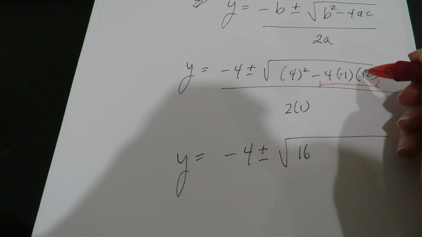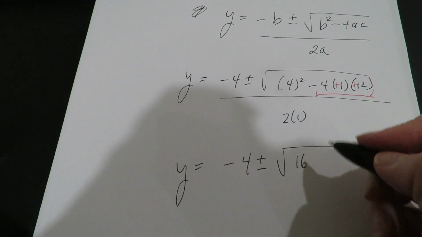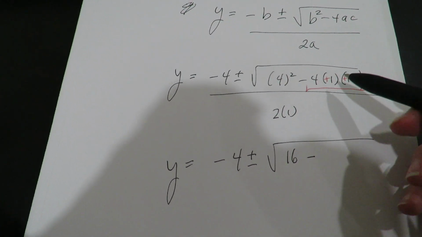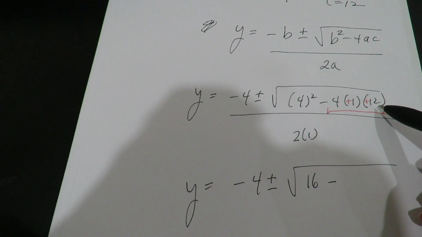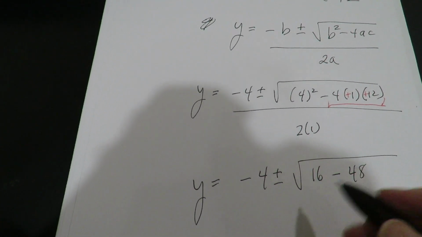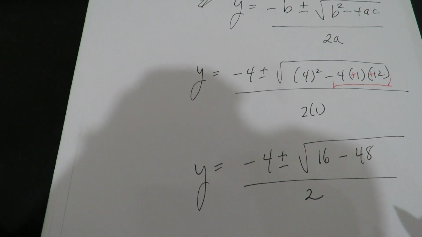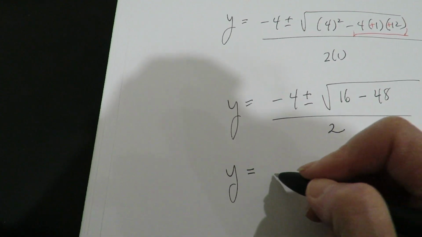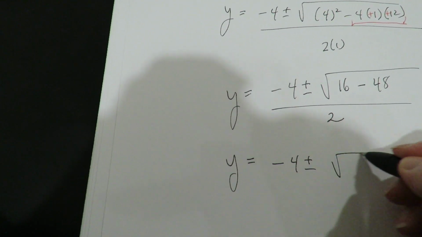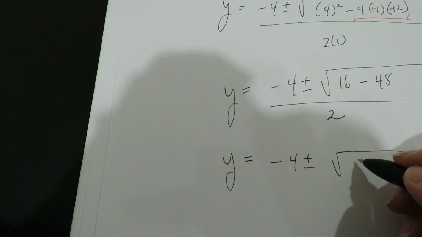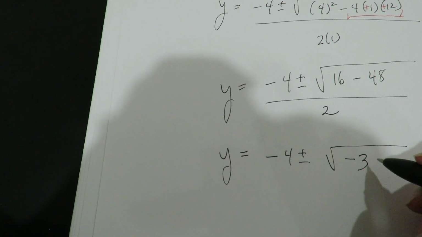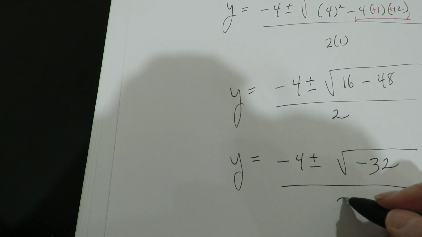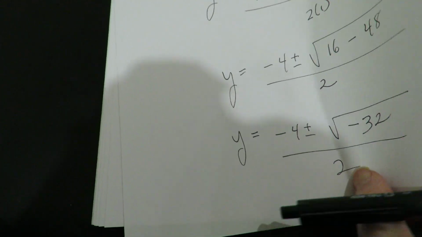Negative times a positive is negative. 4 times 1 times 12 is 48. We keep going with this. Okay, we're getting a negative 32 over 2. We keep going.